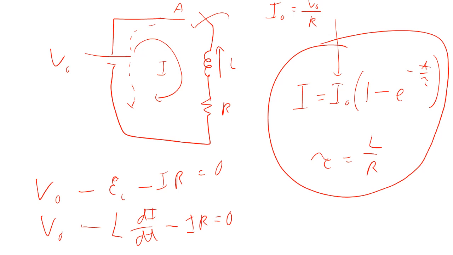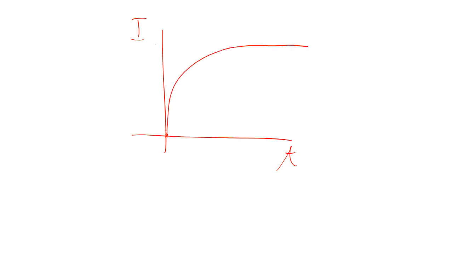All right, if we were to graph that, we'd have I versus t. At the origin, when you first close the switch, instead of suddenly having current, it would asymptotically increase, approaching I naught.